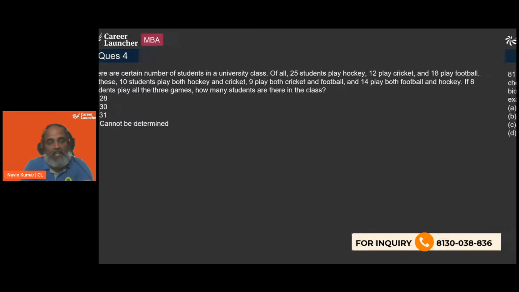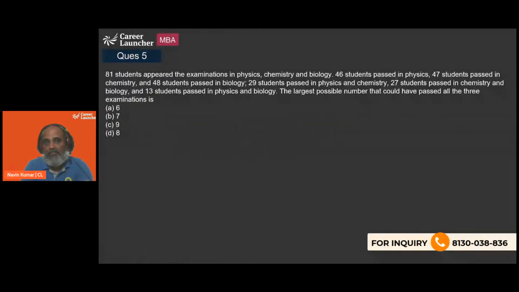Another one. 81 students appeared for the exams in physics, chemistry, and bio. These many students passed in physics, itne chemistry, itne bio, itne physics, and this, and this, and this. Now the question asked is the largest possible number that could have passed in all the 3 exams. A lot of info is given, Venn diagram. So we have one circle for physics, and another circle for chemistry, and the third circle for biology.